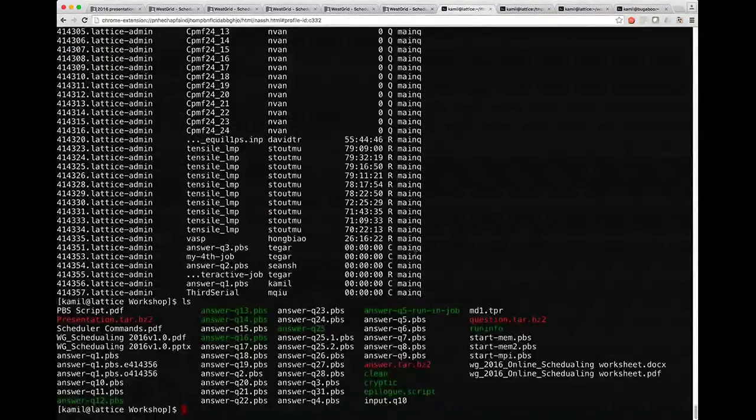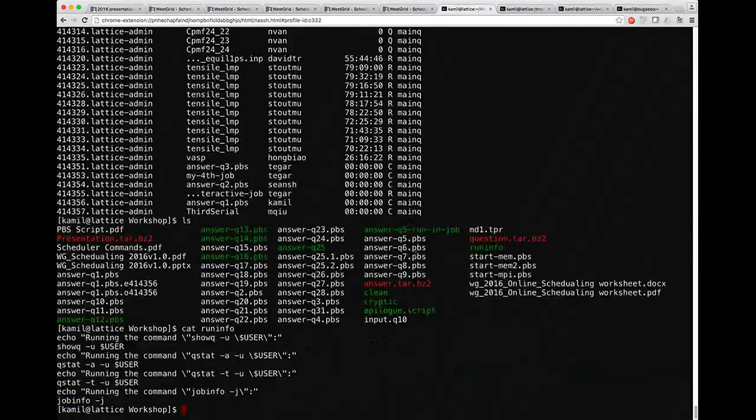In a lot of these commands, I'm going to get you to run multiple commands just to see how the difference is. If we actually look in, I have a run info. It basically runs show Q minus U user, QStat minus A minus U user, QStat minus T minus U user, in job info.